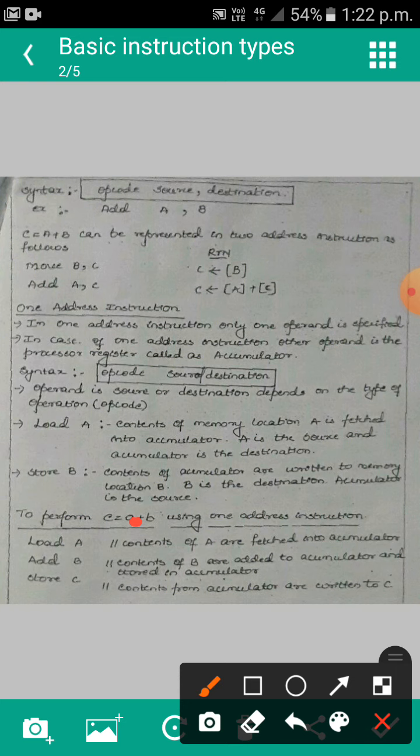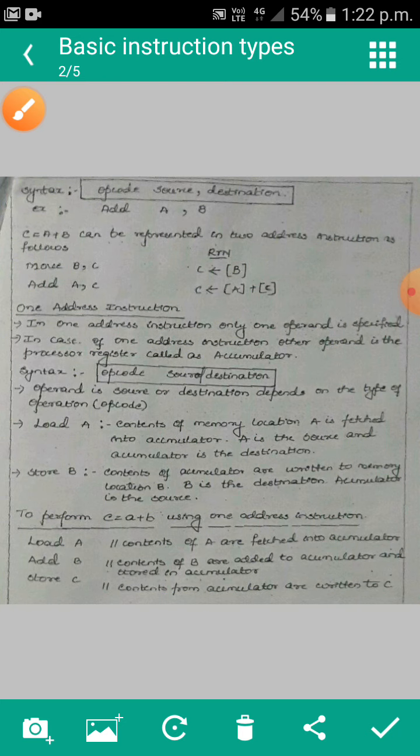Then store C. The result in the accumulator is transferred to the memory location C. It means it adds the content of A and B and the result is stored in C. This is a one address instruction.